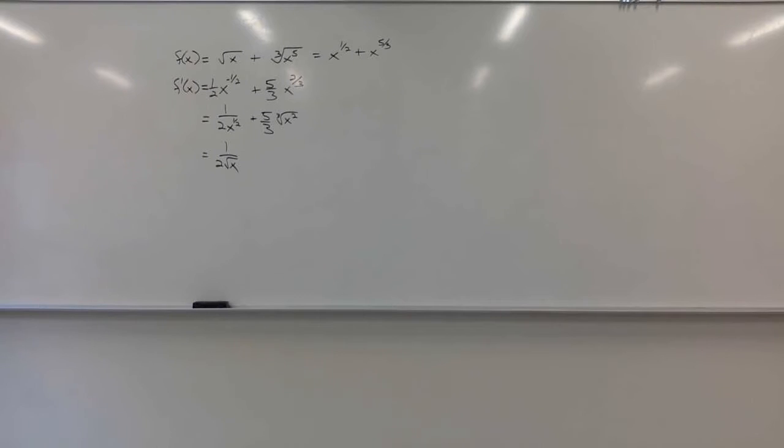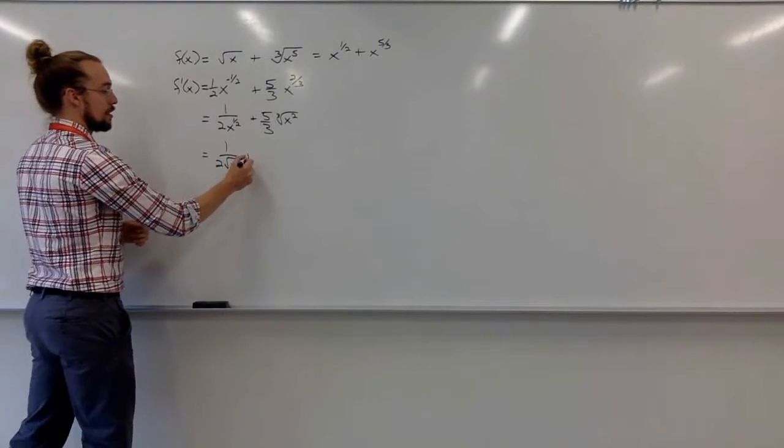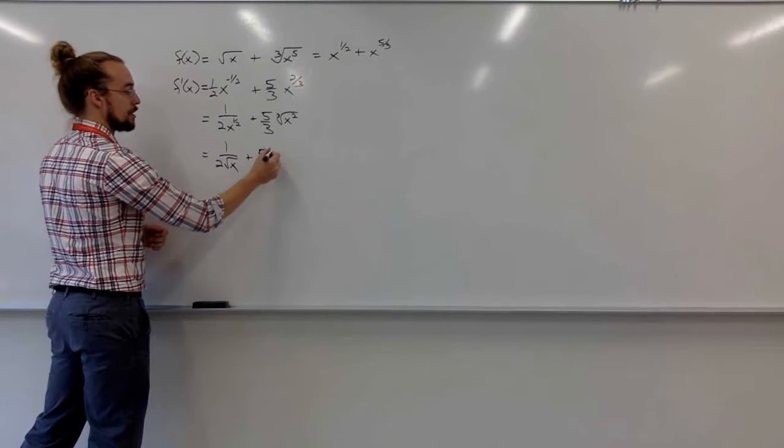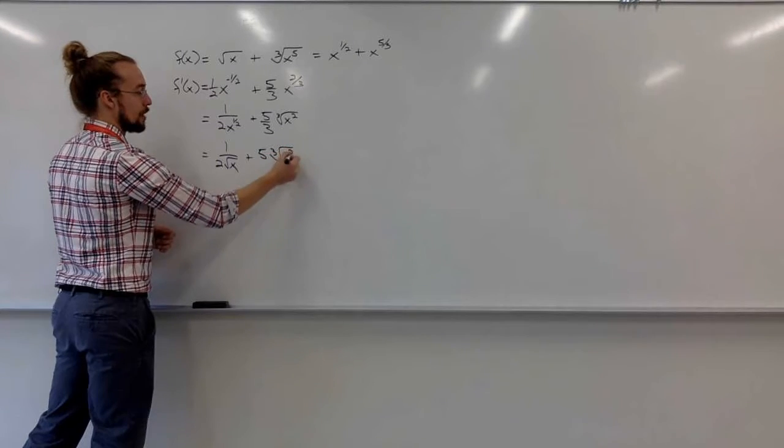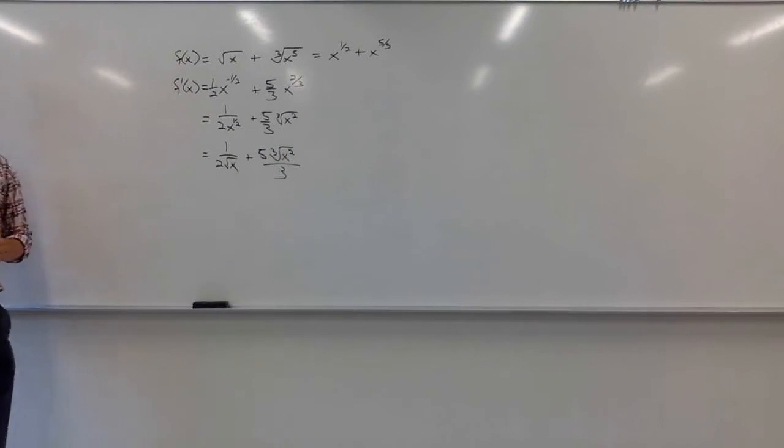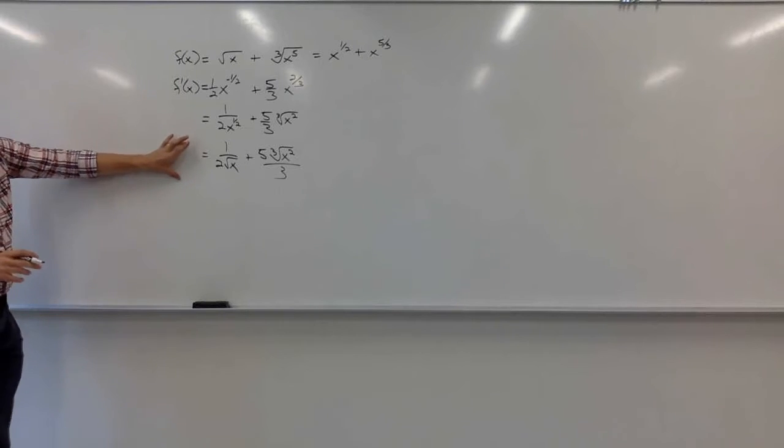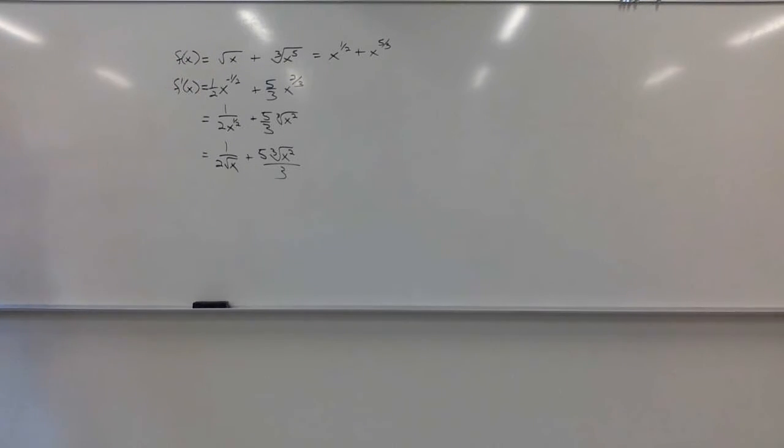It does look a little ugly. But I could even write it so it's all one fraction like that. So this would be the derivative of this function using our power rule. Okay? Questions?